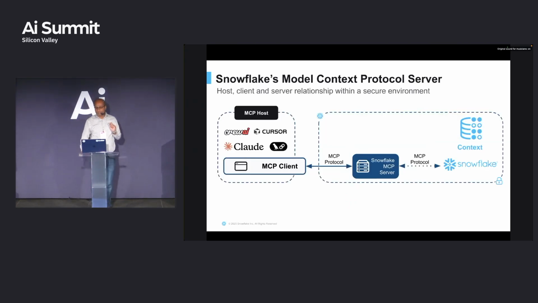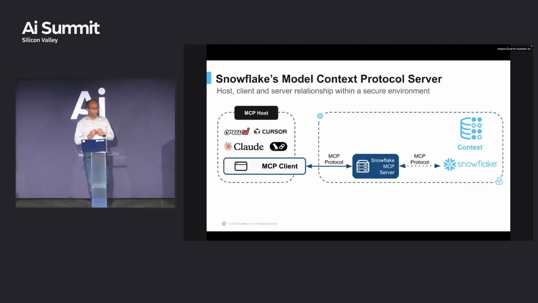Snowflake recently built out and released an MCP server. What this MCP server does is it provides a way to access data that's on Snowflake through a set of tools. There are two different tools that we have available through this MCP server.